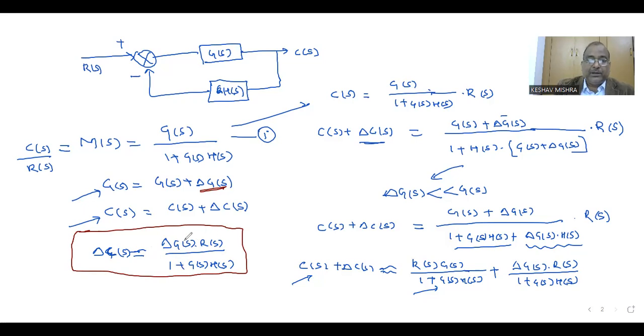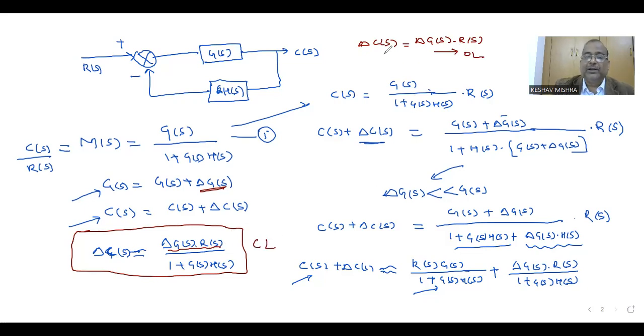Here the numerator is divided by 1 plus G(s)H(s). So obviously in a closed loop control system, the change is less as compared to the open loop control system, because in the open loop control system delta C(s) is equal to delta G(s) multiplied with R(s). This is the open loop case, and this is the output in the closed loop case.